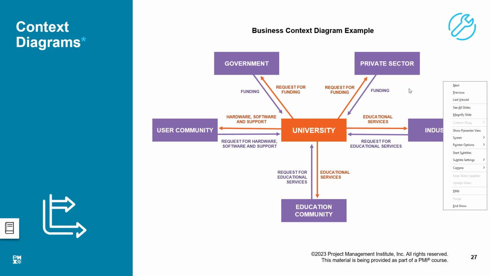Now, what we are getting from them: the government and the private sector might be providing the funding as a response to a request for funding. With industry and education sector, we may have historical educational services or whatever is the prevalent zone today.